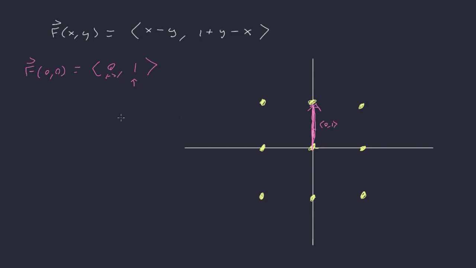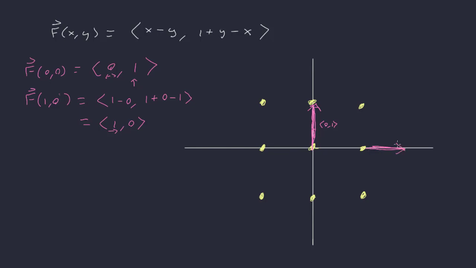Okay, and remember, 0, 0 tells us at what point it is we're talking about. So here's 0, 1. When we plug in 1, 0, in this case, I'm going to plug 1 in for x, 0 in for y. So here I'll get 1 minus 0, and here I'll get 1 plus 0 minus 1. So this is the vector 1, 0. So 1, 0 goes out to the right 1 and doesn't move up and down at all.